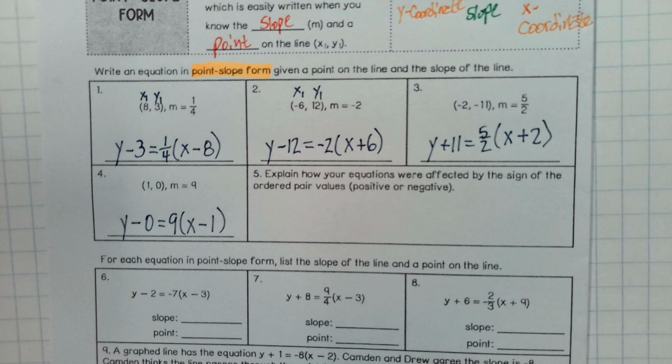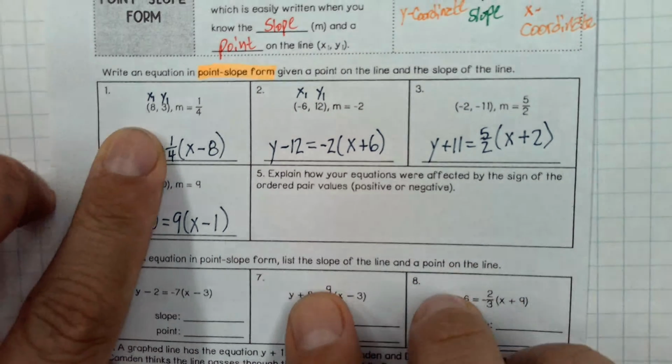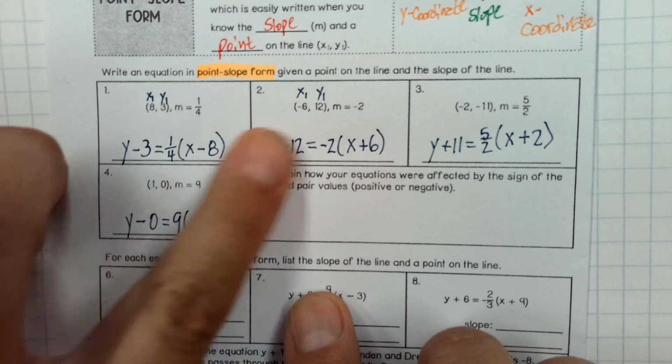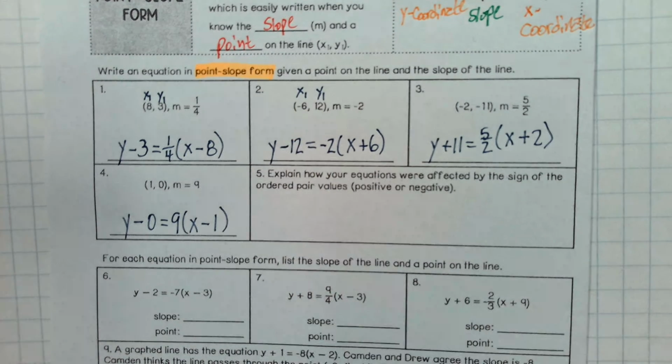So hopefully after doing all 4 of these, I want you to explain how your equations were affected by the sign of the ordered pair, positive or negative. So the sign of the ordered pair, look here, here we had 8, 3, here we had negative 6, 12.